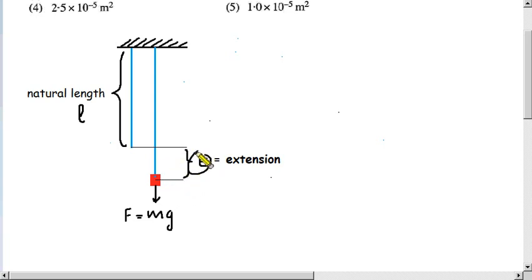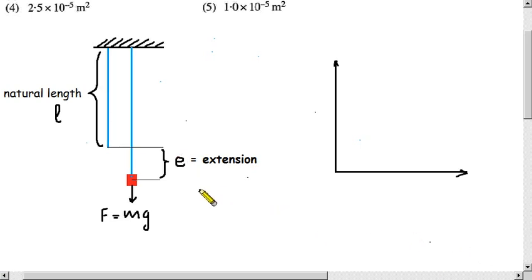Change in length means this extension. So now we are going to do a little experiment. We measure this value F. We can get the reading from the weight tray, the mass of the weight we have fixed there, so we can get the force.